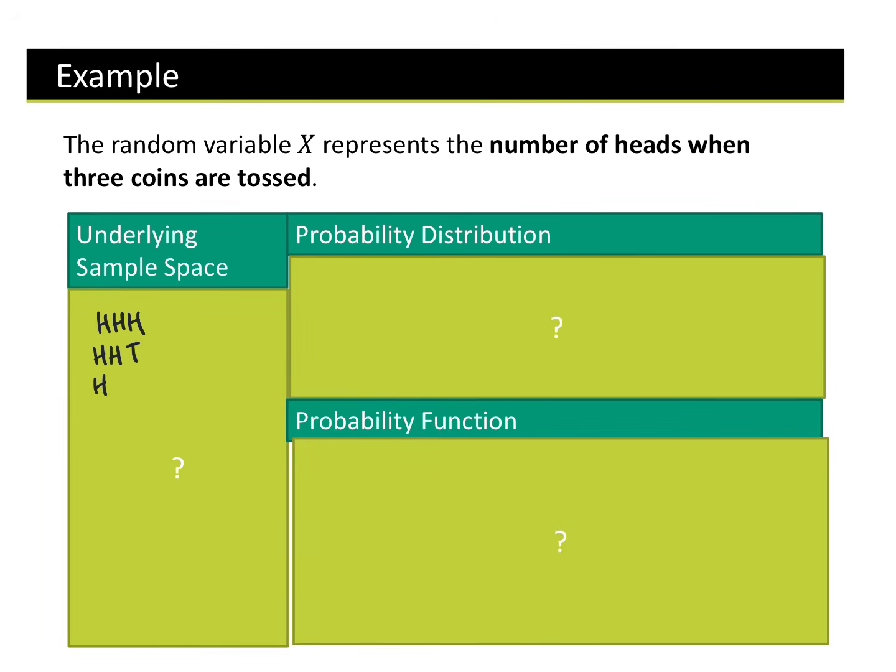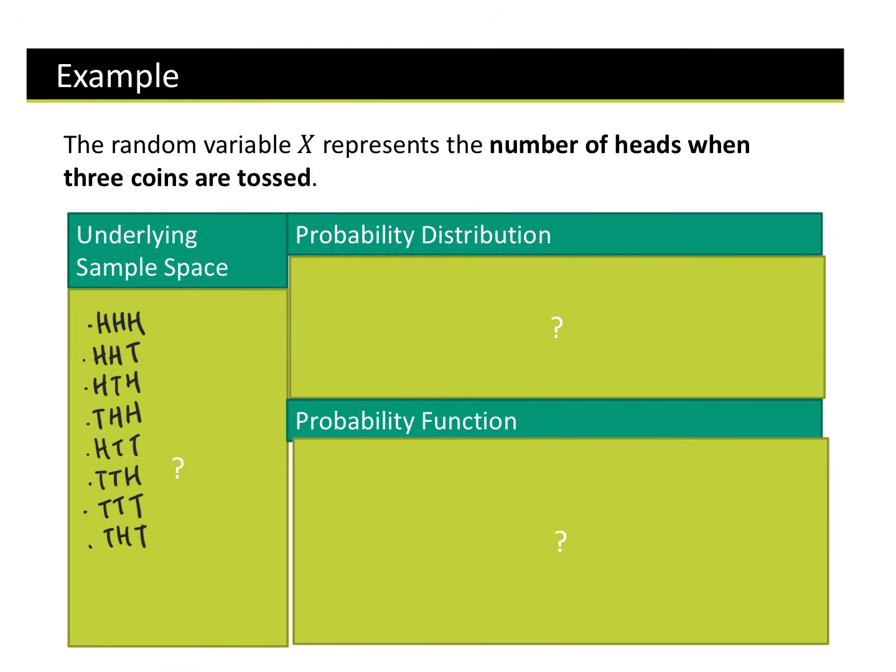We could have heads, tail, heads; tail, heads, heads; heads, tail, tail; tail, tail, heads; tail, tail, tail; tail, heads, tail. That's 1, 2, 3, 4, 5, 6, 7, 8. That is all the possible combinations.